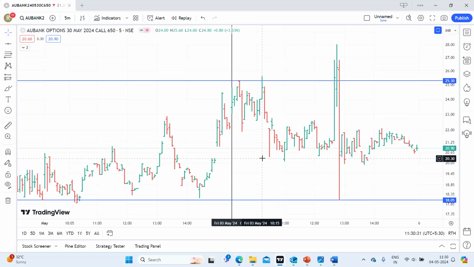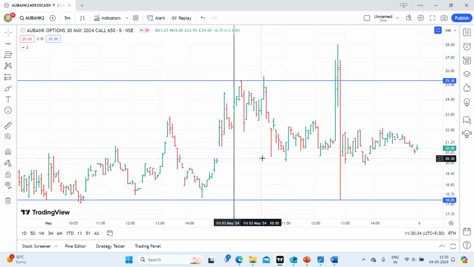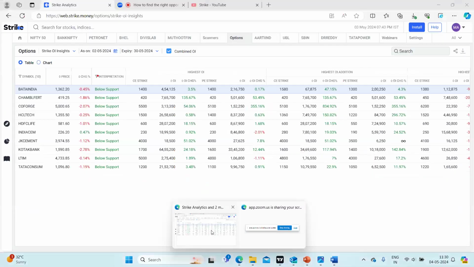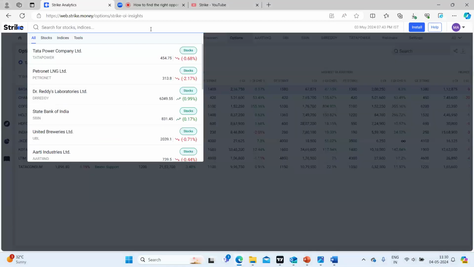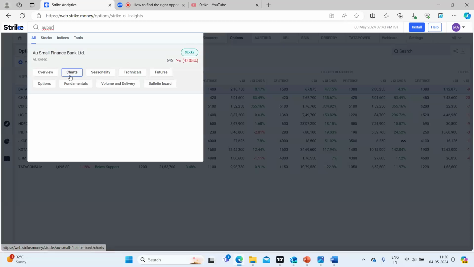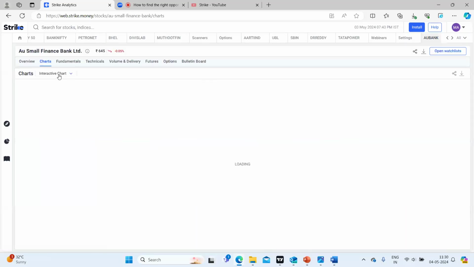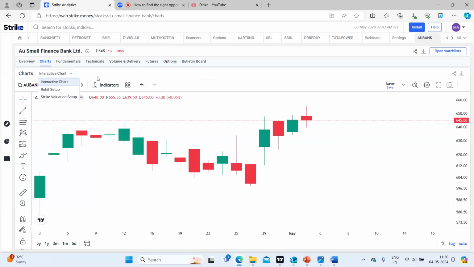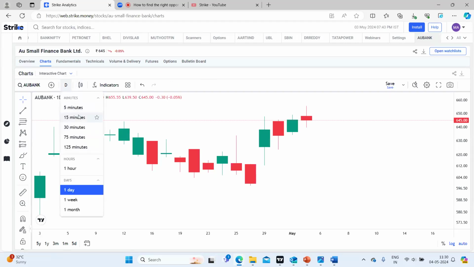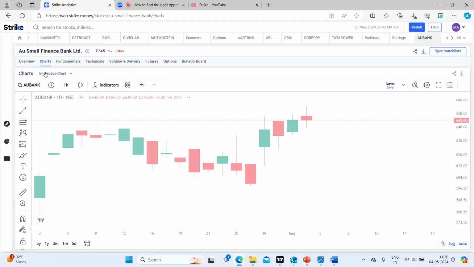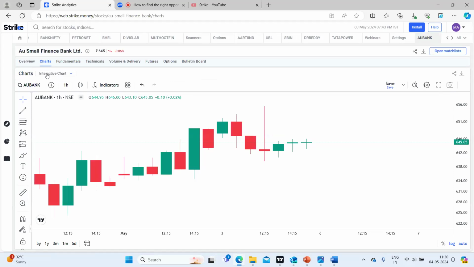And can you show the same in the chart? I mean, not in the option chart, but in the other. But I don't know your analysis, on what basis did you do it, sir? Which time frame chart did you use? I saw that at 650 there was a loss, about 18-20% in options.